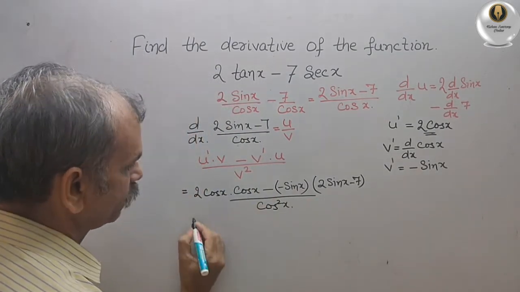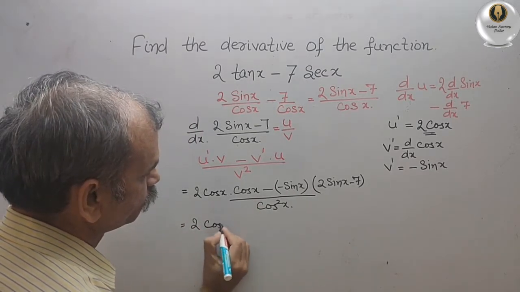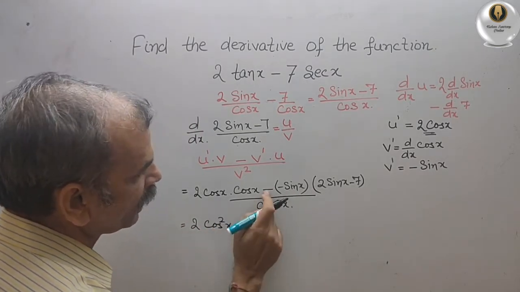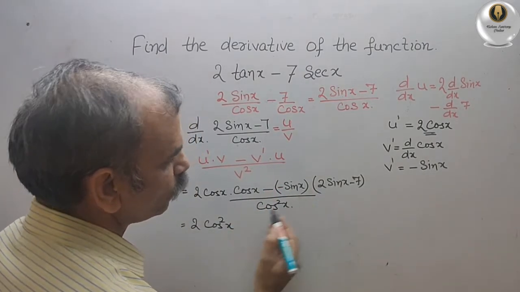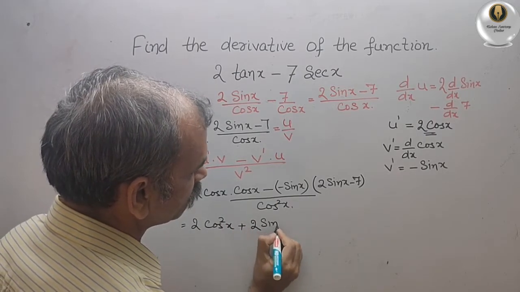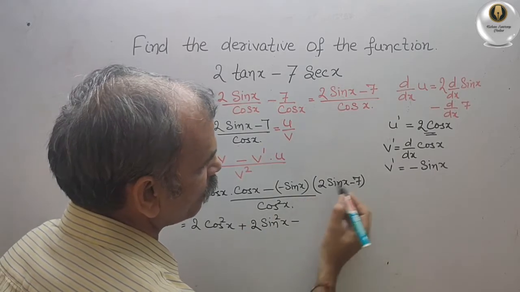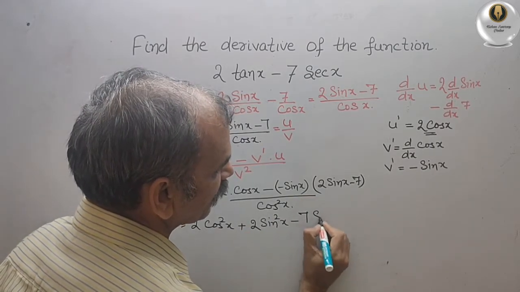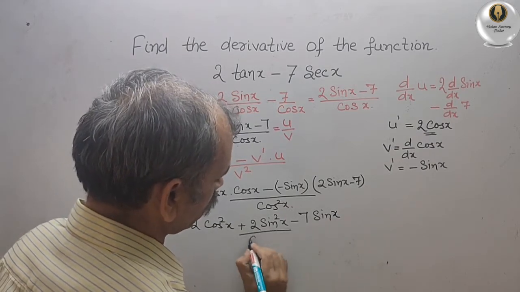Now solve this. We will get 2 cos square x, minus into minus is plus now, sin x into 2 is 2 sin square x, minus now 7 sin x, by cos square x.